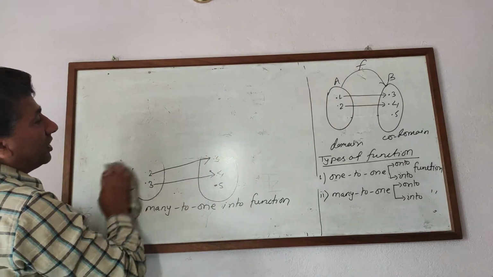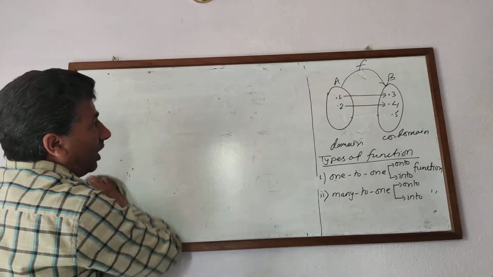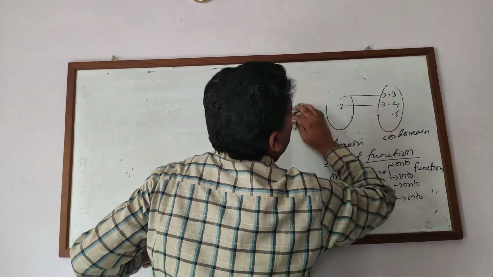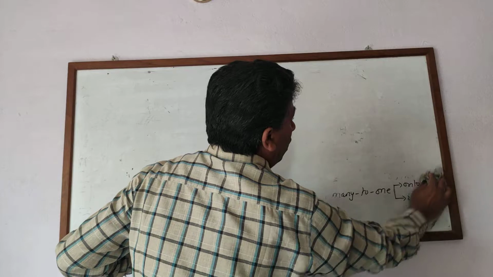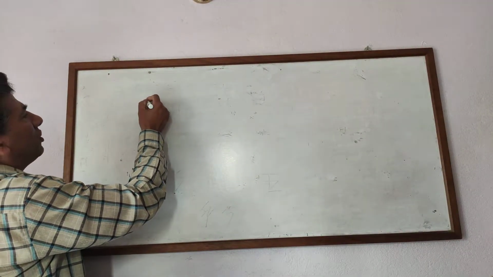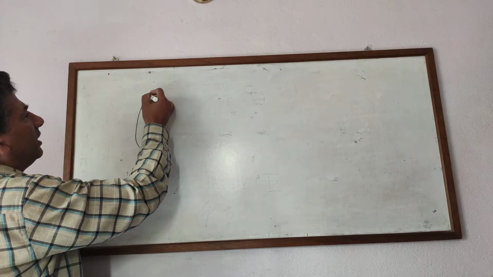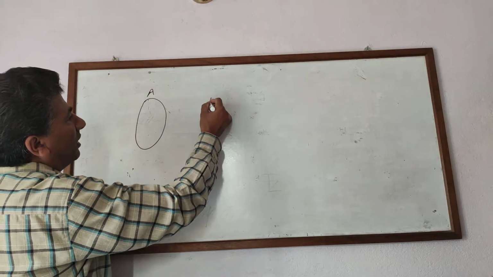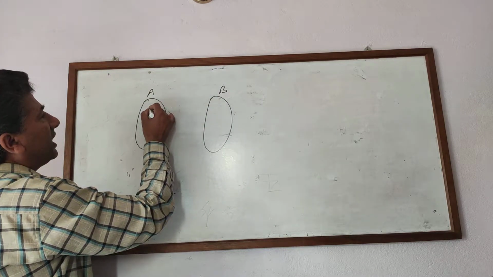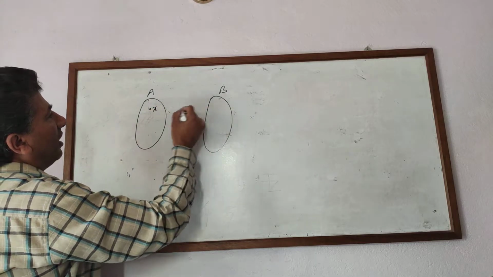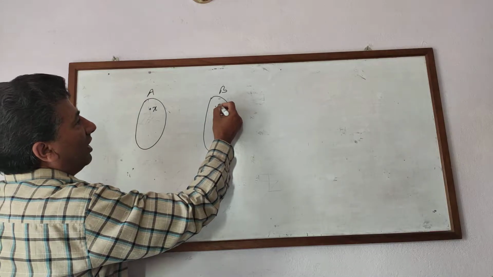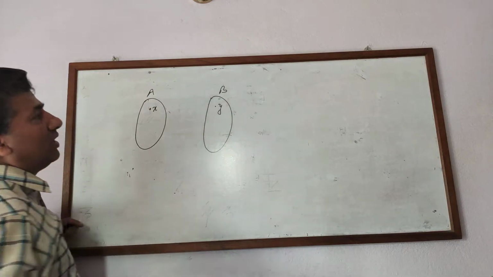Mathematically, we have to write a function including the variable of the domain, that is x. Suppose there is a set A, there is a set B. All the elements of set A are represented by this x, and all the elements of codomain are represented by y.